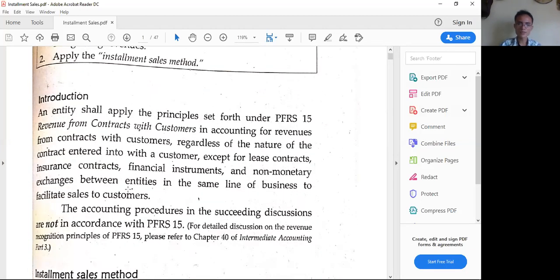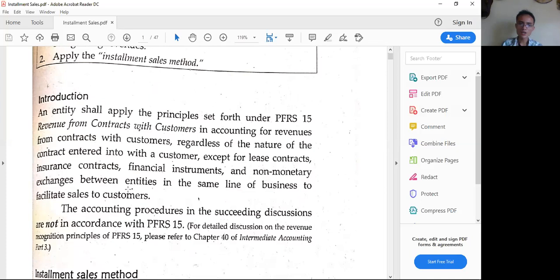Introduction. Remember in the previous videos that we discussed PFRS 15, which is all about revenue from contracts with customers. So we have already indicated there the guidelines, the new revenue recognition model, and the application, what specific contracts to apply PFRS 15 to.